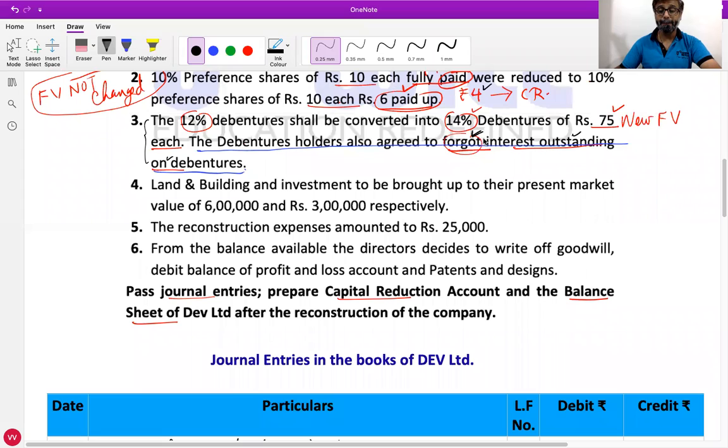Keep yourself unmuted. I'll explain to you. Parth Shastri from Nizampur, unmute yourself. Parth, you are not audible.